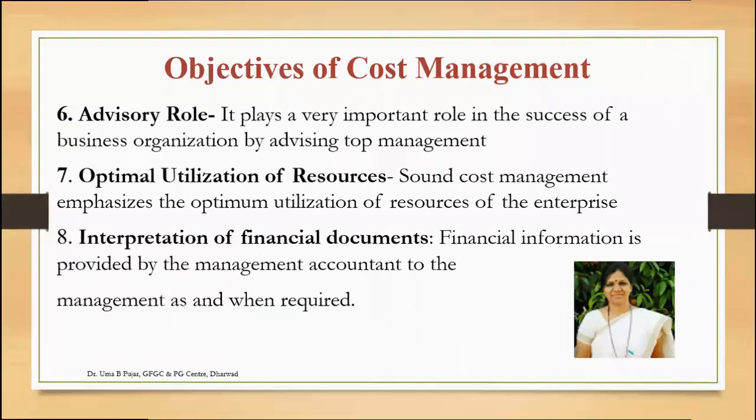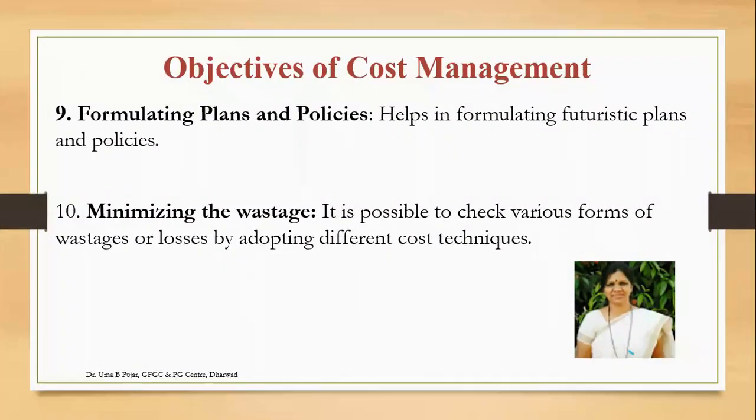And the next point is formulating plans and policies. Cost management helps the business organization to formulate its plans and policies. Planning involves forecasting or anticipating on the basis of available information.